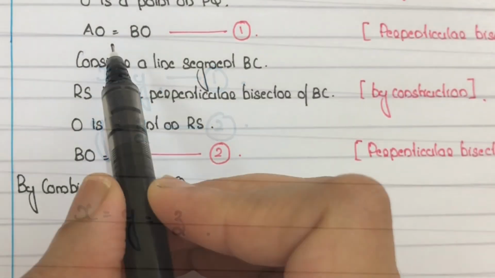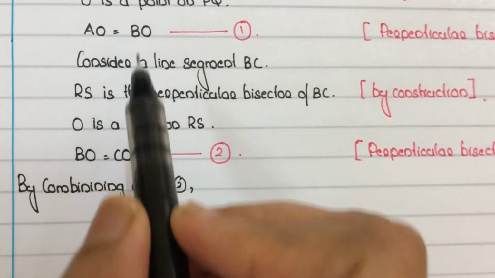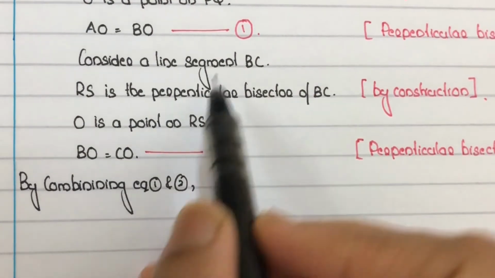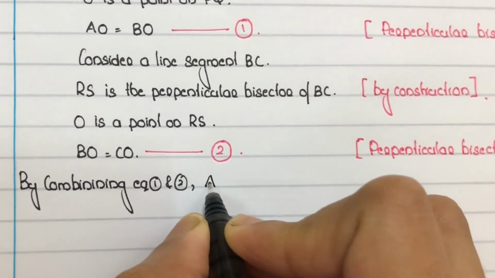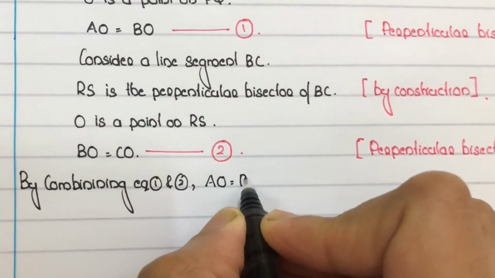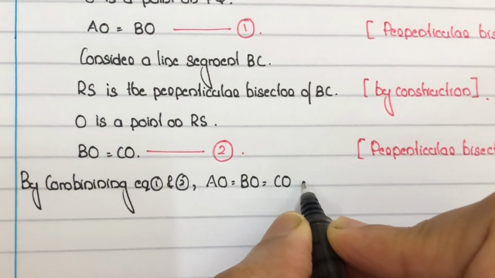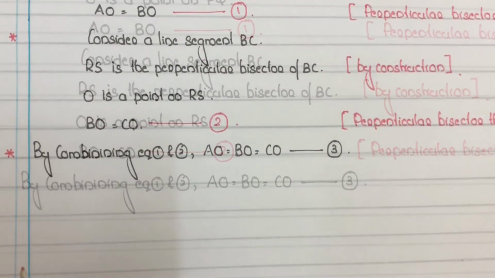In the same way, here AO equal to BO, and in equation 2 BO equal to CO. So by comparing equations 1 and 2, we can write AO equal to BO equal to CO. Mark it as equation number 3.